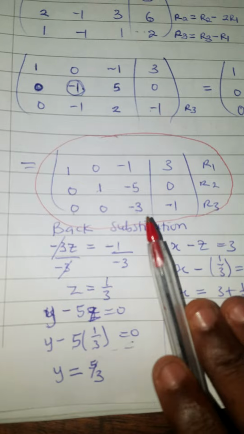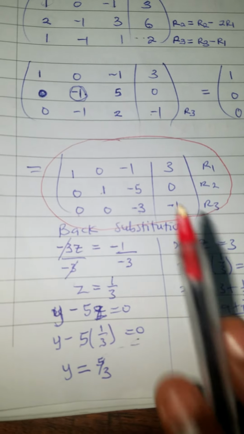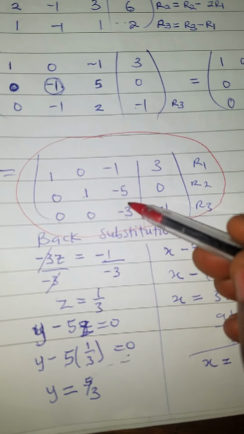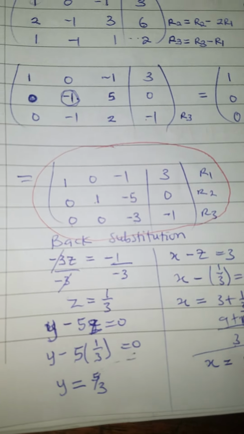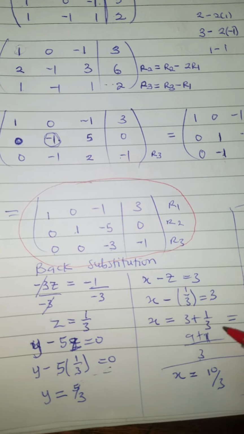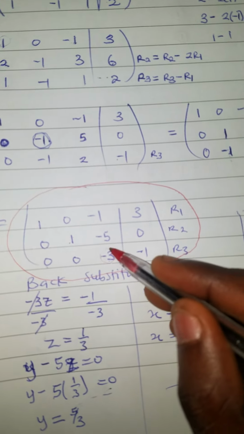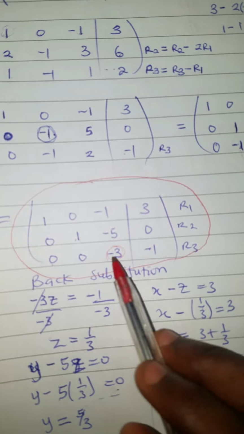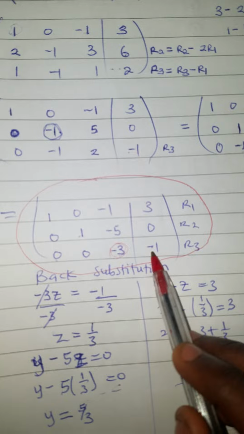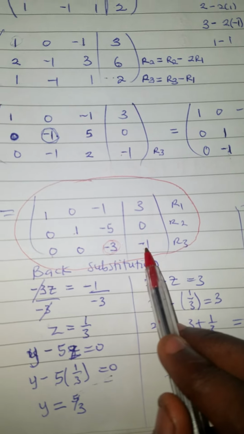So this is a finite solution matrix. This is finite because you have some value here. Now there are cases where this value is also equal to 0, and you cannot say that 0z is equal to minus 1.